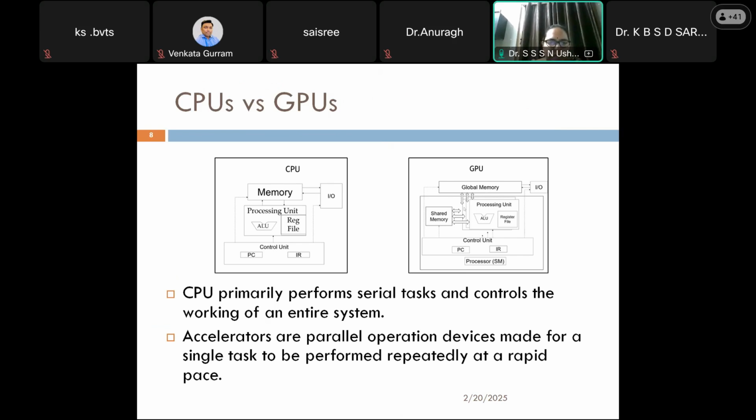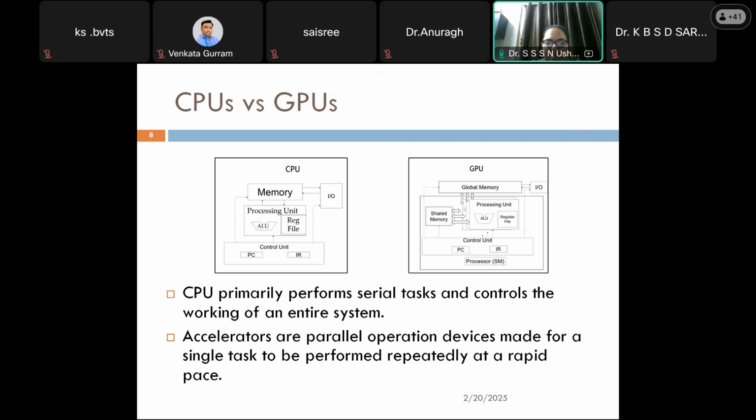The CPU primarily performs serial tasks and controls the working of the system in a serial fashion. Even though we have a lot of branching statements, as we have already discussed, the operation is serial only.